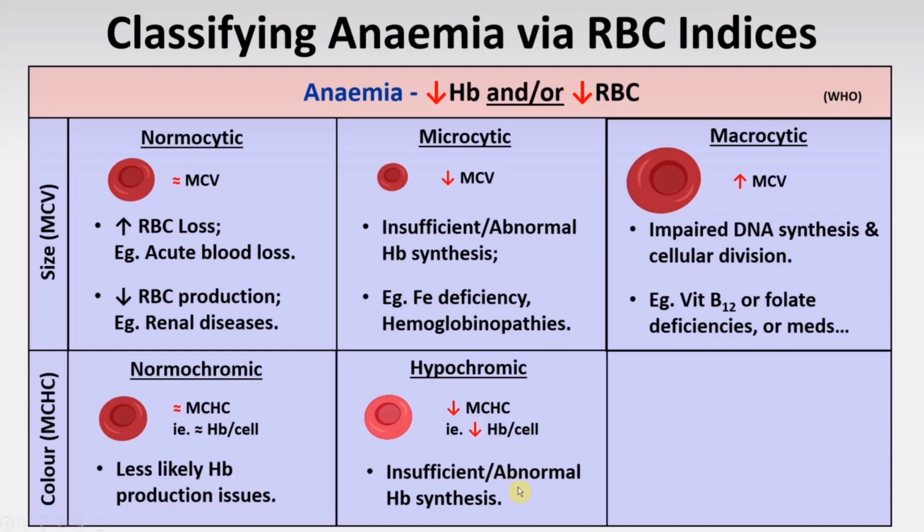Again, this is also tied to microcytic anemia sometimes, because in iron deficiency cases, for example, you'll see that microcytic anemias can be accompanied by hypochromic anemia as well. So you can have microcytic hypochromic anemia. The cells appear small and also paler than usual, lighter in color than usual.